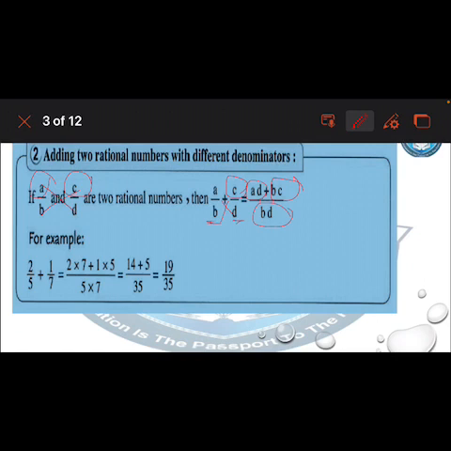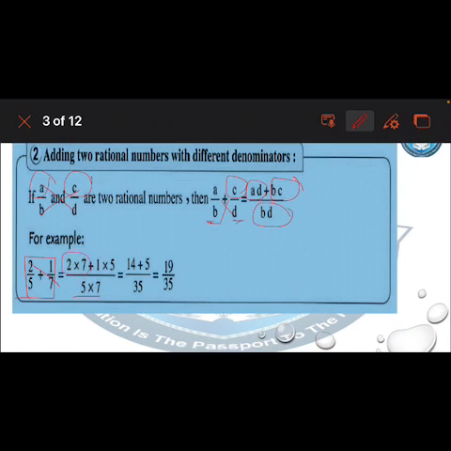Let's try the example. 2 over 5 plus 1 over 7. Okay, I will multiply the two denominators, 5 multiply 7. Then I will take the first numerator and multiply it with the second denominator, 2 multiply 7.